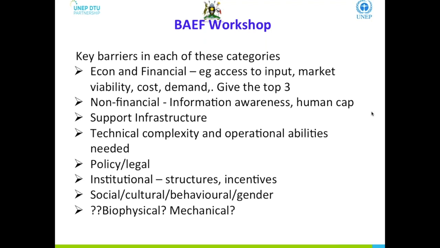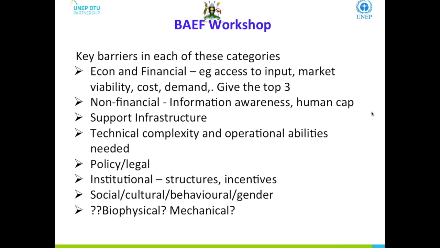I think that came up during the prior presentation: the complexity of the technology and the operational abilities that are needed, and the existing ecosystem in terms of policy, legal and regulatory framework, institutional arrangements, the structures in place, and whether there are incentives that would facilitate the adoption of such technology.